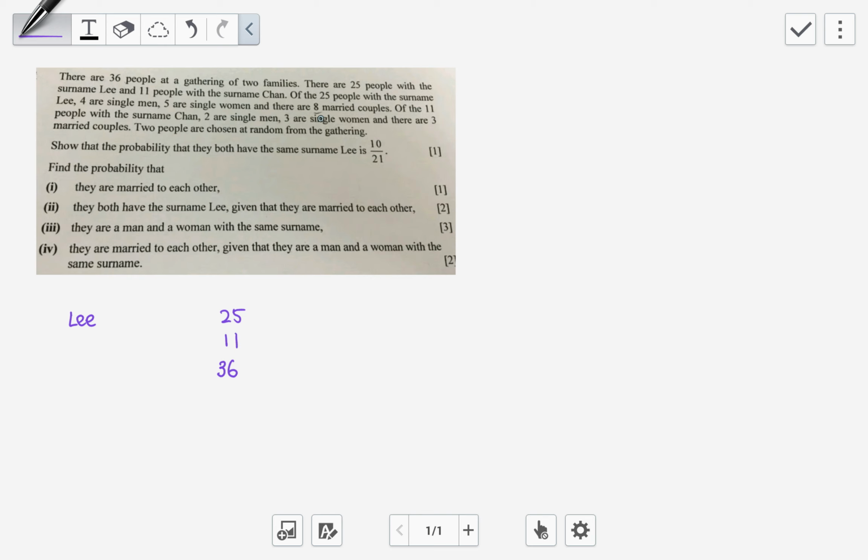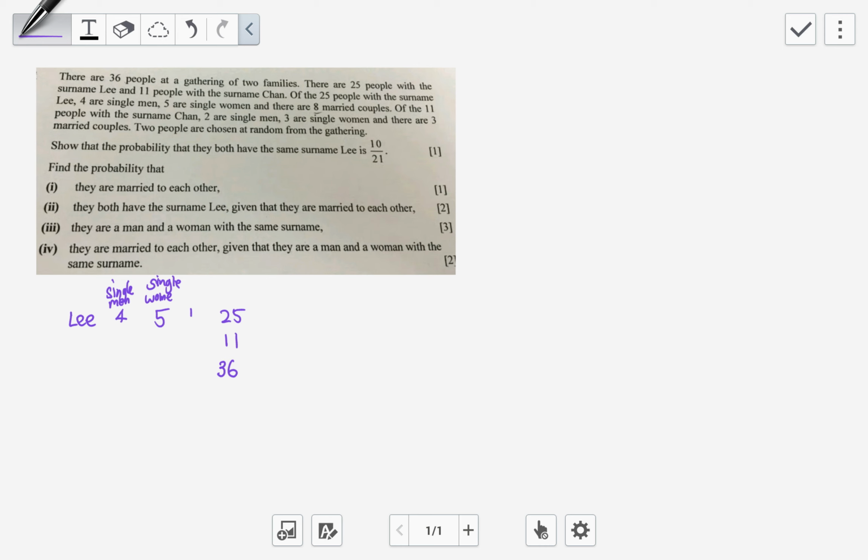Right. Of the 25 people with the surname Lee, 4 are single men, and 5 single women, and 8 married couples. You see, if I put 8 plus 5 plus 4, it doesn't add up to 25. So actually, married couples stand for 2 people each.